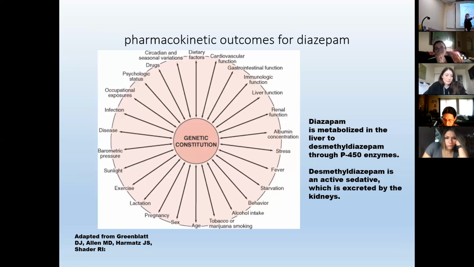So when stress is too high, it changes your genetic constitution. It changes the pharmacokinetics, so that now you've got this unexpected interplay of the pharmacodynamics of the drug with the pharmacokinetics of this person with stress.